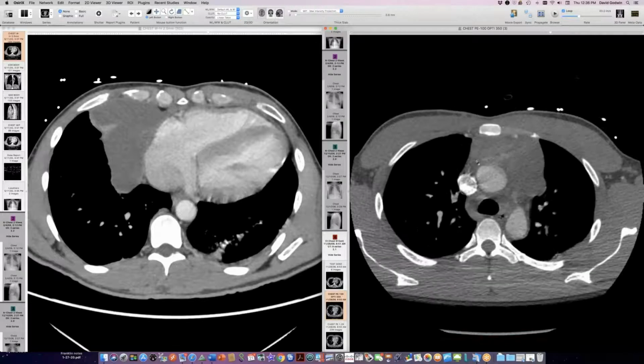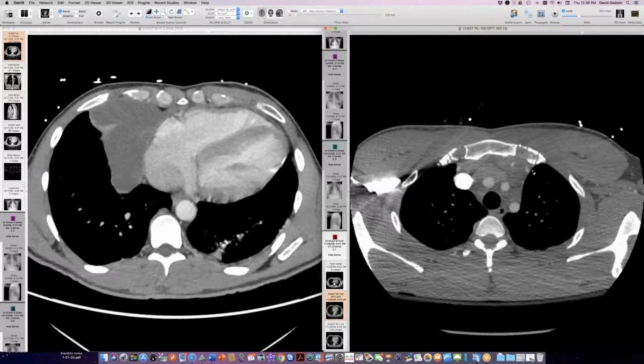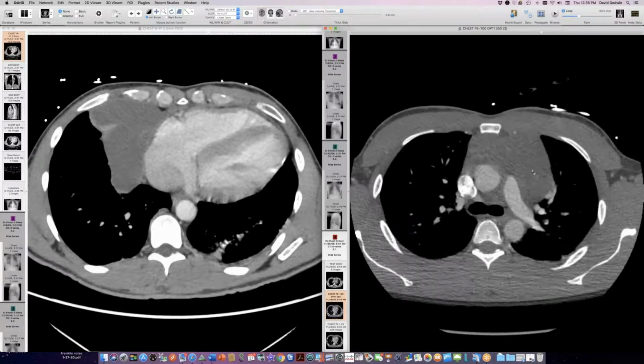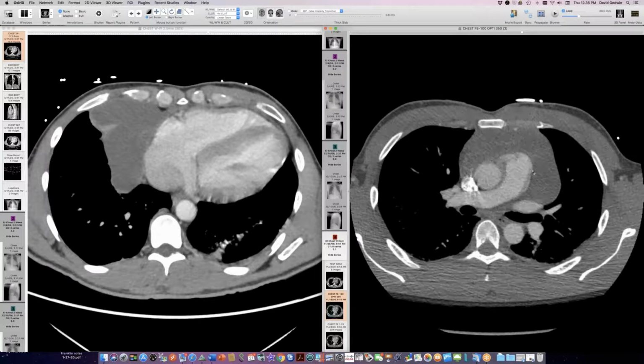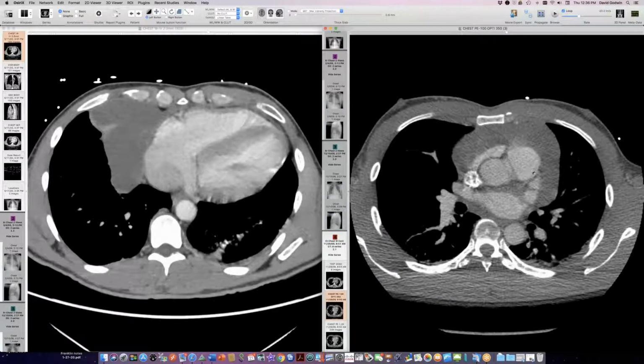I thought up here there were some denser elements. It was not uniformly low attenuation. So it's possible perhaps that it really is a cystic thymoma that has recurred, where the thymoma is primarily cystic, but not completely so.